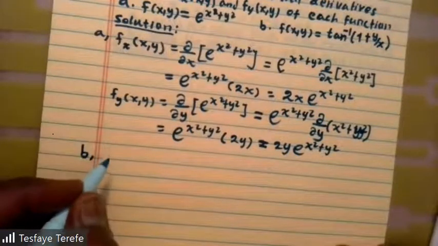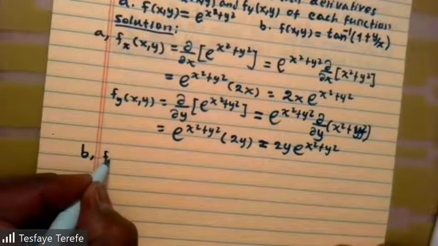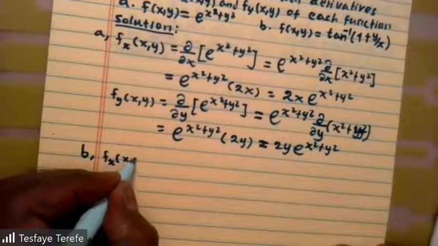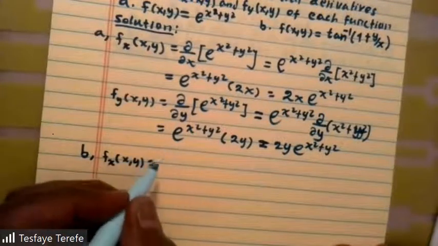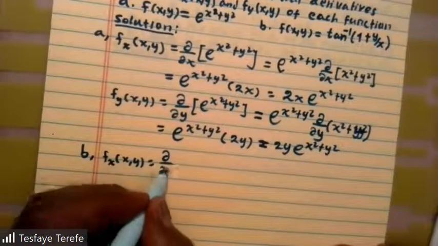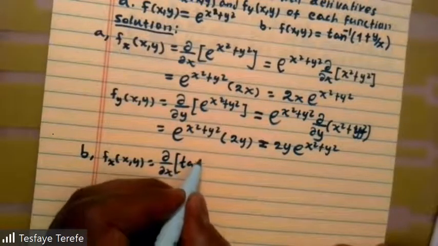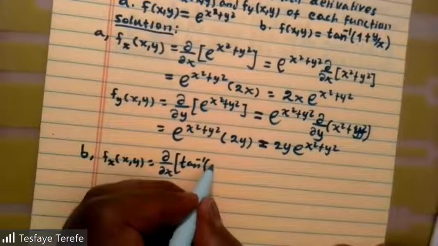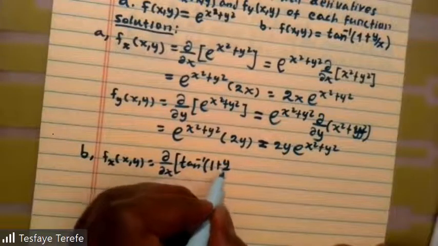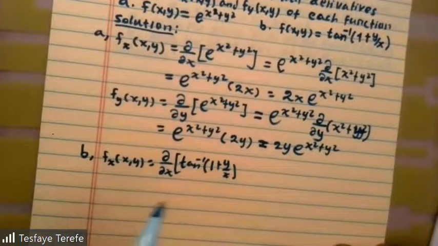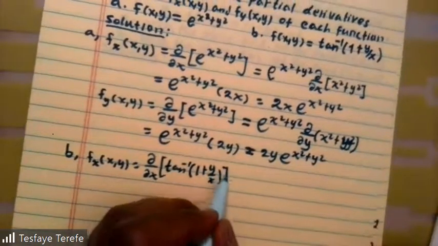Okay, the partial derivative with respect to x of arctangent of y over x.